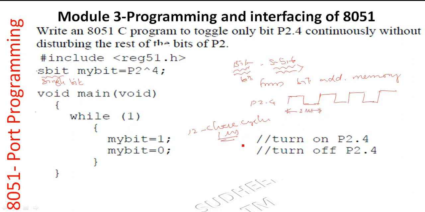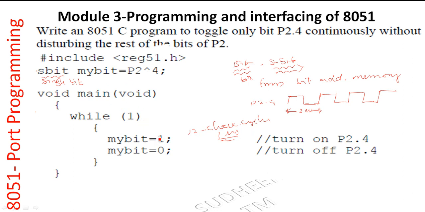Okay, so this is a method of generating a square wave in any of our ports. They may ask you to generate a square wave of a particular frequency at a particular pin of your microcontroller. So the technique is to declare a single bit for the pin mentioned in your question.